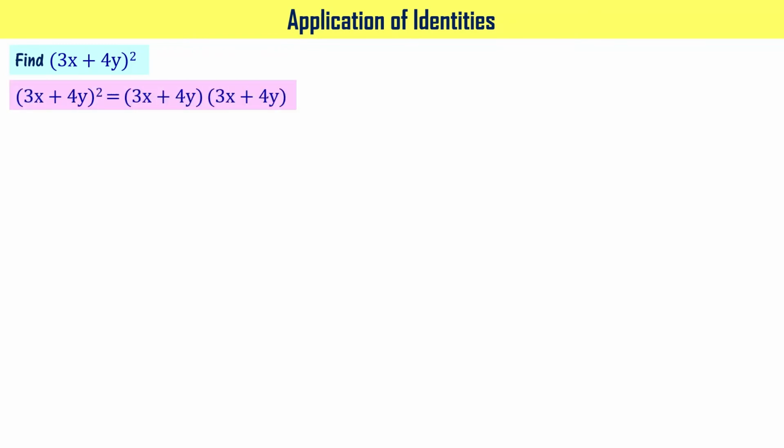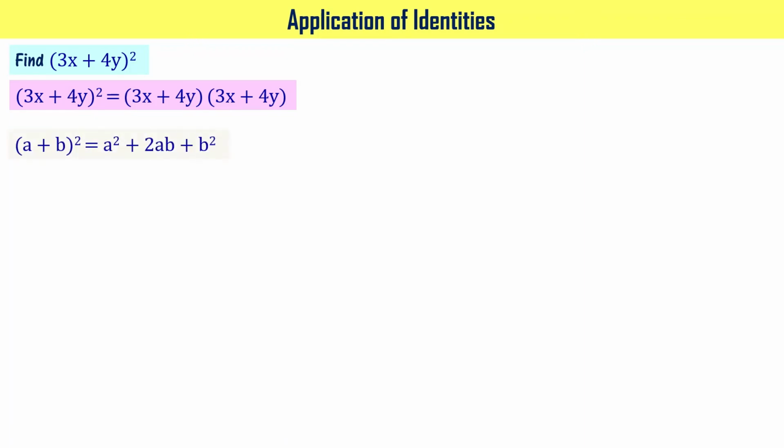Let us now learn about application of identities. Find (3x plus 4y) whole square. (3x plus 4y) whole square can be written as (3x plus 4y) times (3x plus 4y). This is a multiplication of two binomials, right? We know how to solve this, but in this case, we are going to make use of identities to solve this problem.